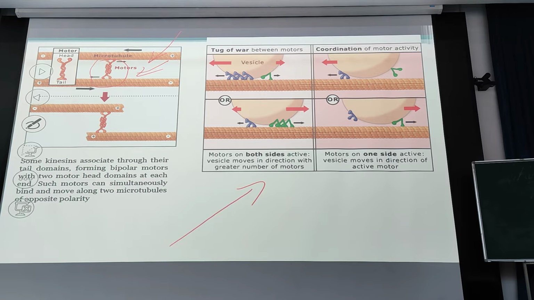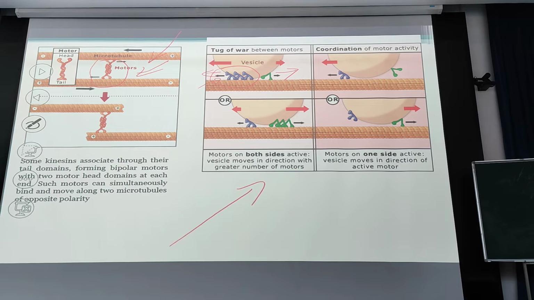And here, there are so many motor proteins working on both sides. So there are two ways. These are two sides with proteins, but they put these vesicles to move in opposite directions.